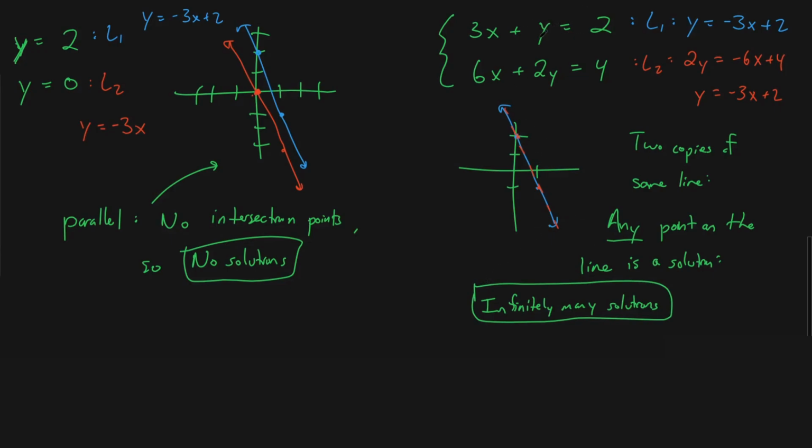So you should be able to go in and check: if you put in 0, 2, that's a solution and should satisfy both. Or if you put in what we got here, like 1, -1, that should also be a solution, and so on, any point you find here. Okay, so those are the three cases for the solutions to a system of 2 equations and 2 unknowns.